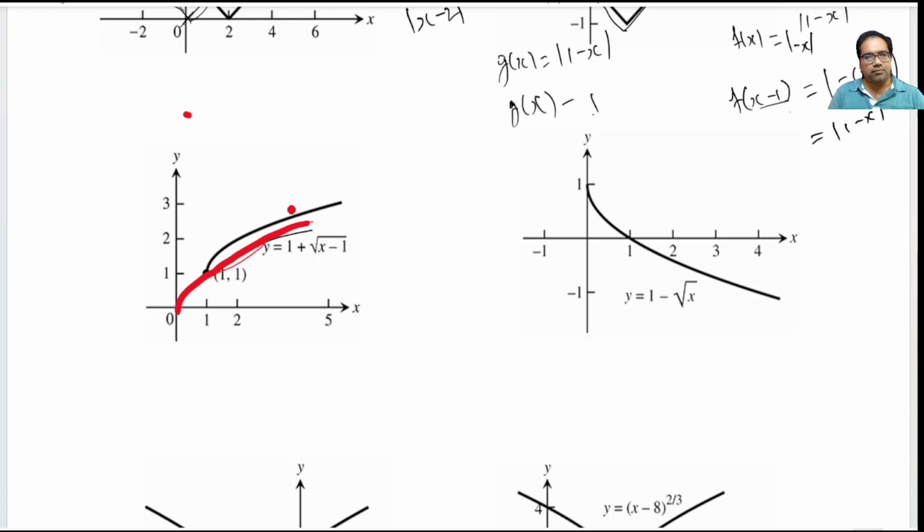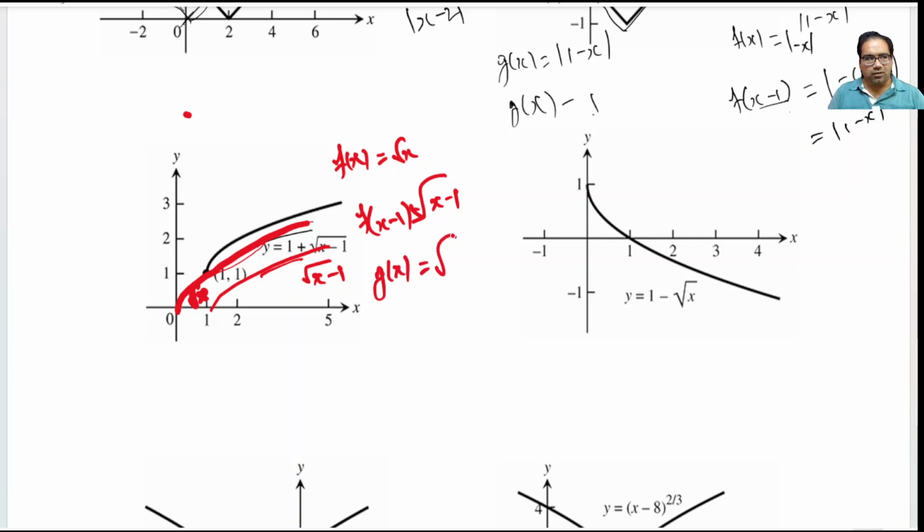Now f of x equal to root x. Now root of x minus 1. What does that mean? F of x minus 1 is root of x minus 1. That means the graph would be something like this, shifting rightwards. That is root of x minus 1.